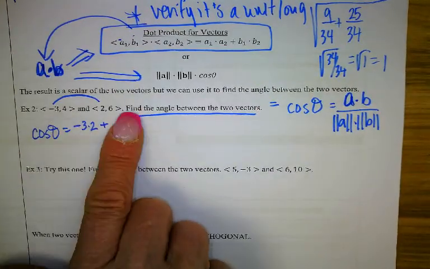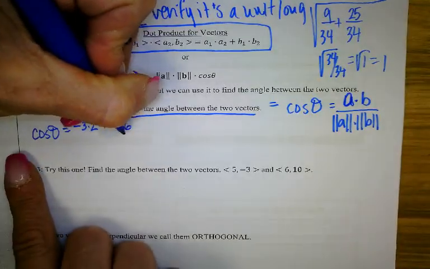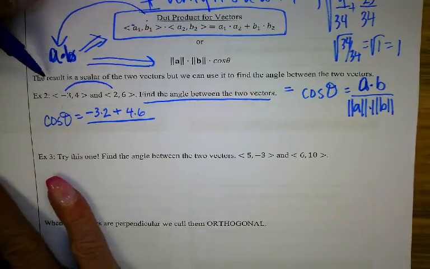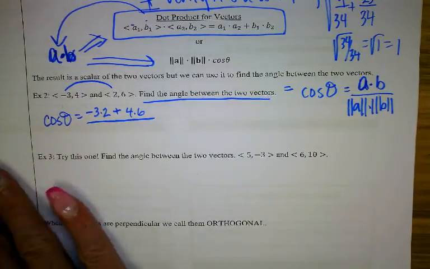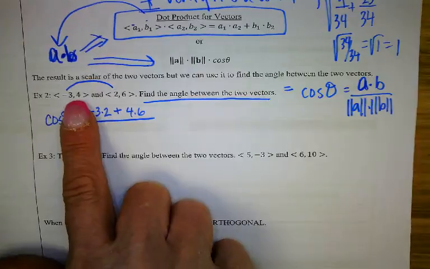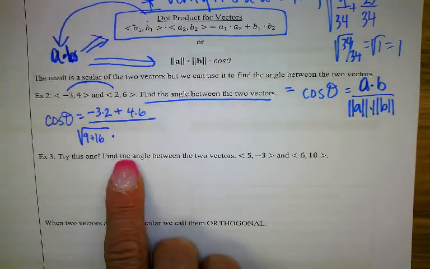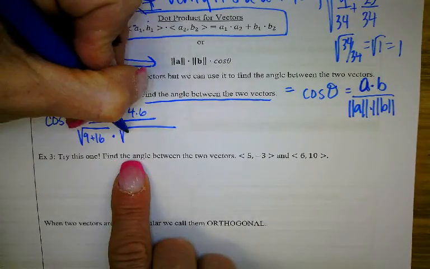A dot product is a number. And then you're going to divide by the magnitude of the first vector times the magnitude of the second vector. And I'm just saying square, square, add them.